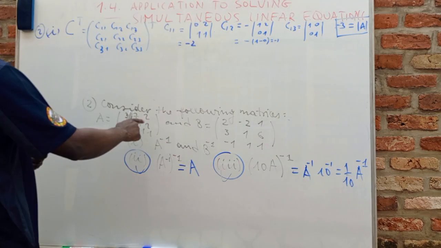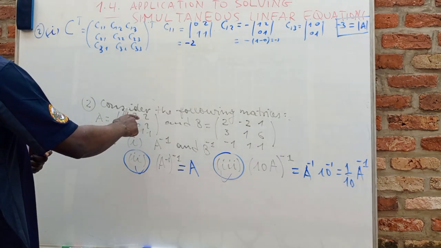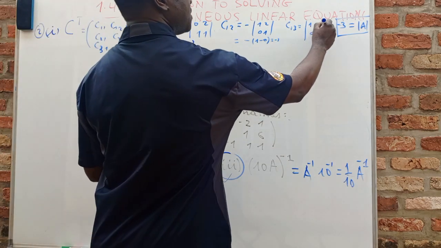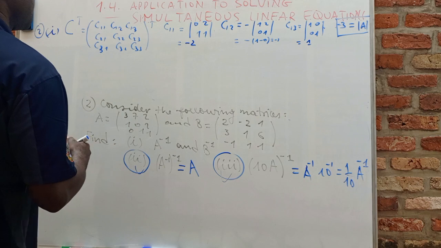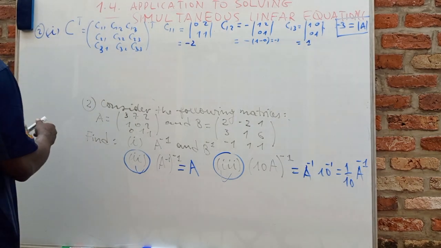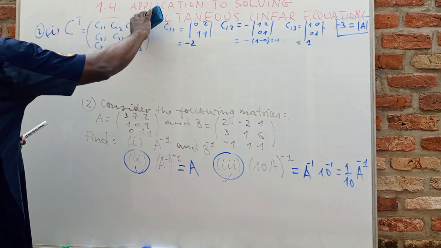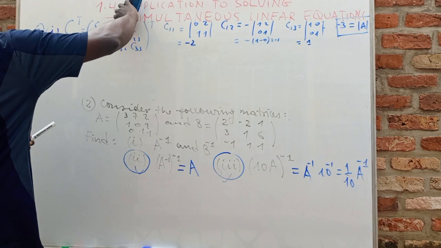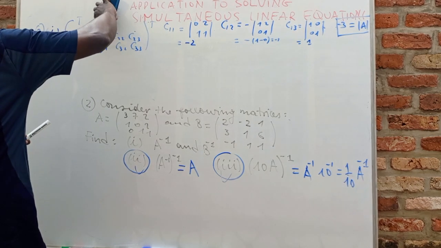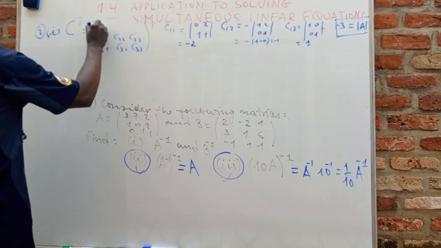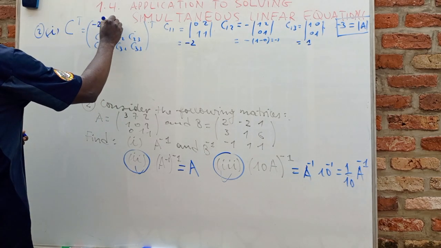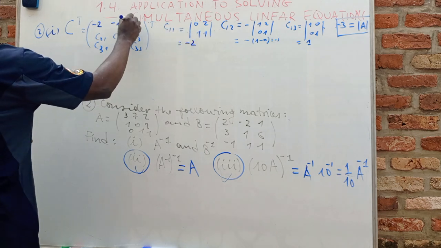At the last one, positive. So now it is 1. Okay, now here I can substitute these rows by the corresponding values we have calculated. This is negative 2, then negative 1, then 1. Okay.